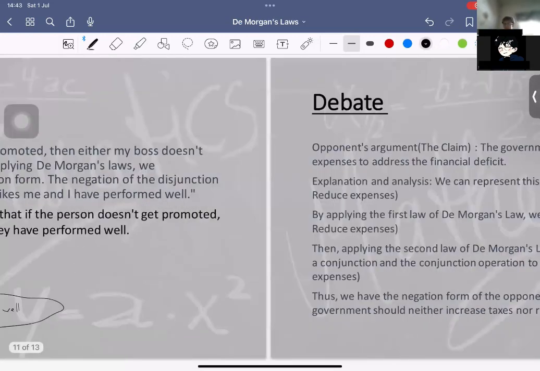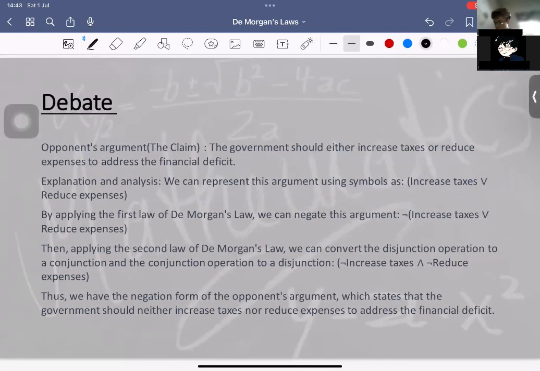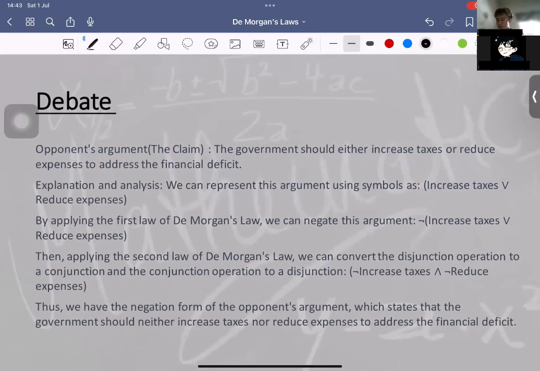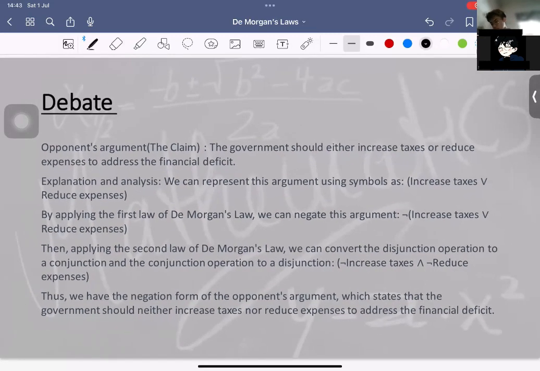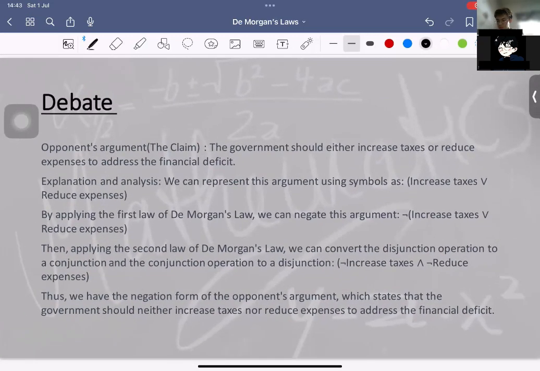So this is the most interesting part, debate. In debates, we have the claim and the counterclaim. If the claim is the government should either increase taxes or reduce expenses to address the financial deficit, and we are the counterclaim, how can we make a negated statement by using De Morgan's law?